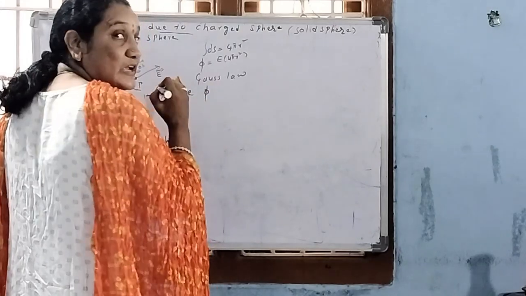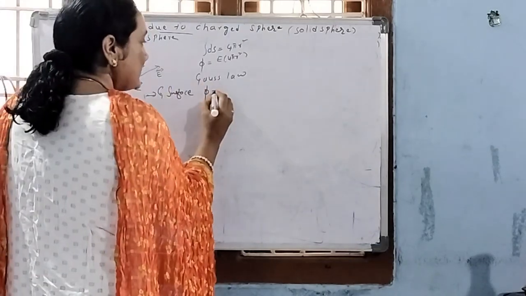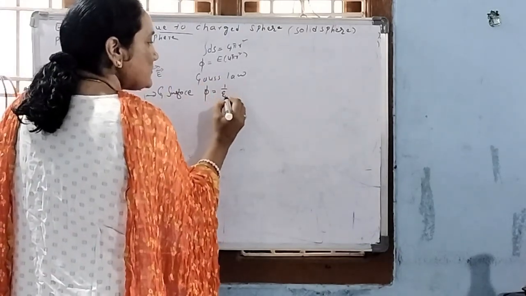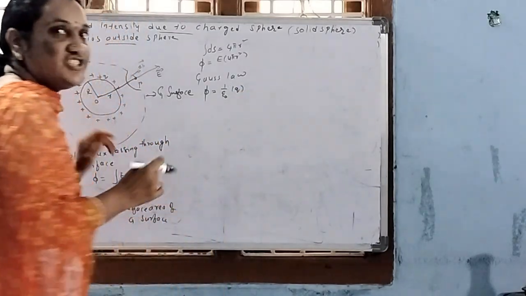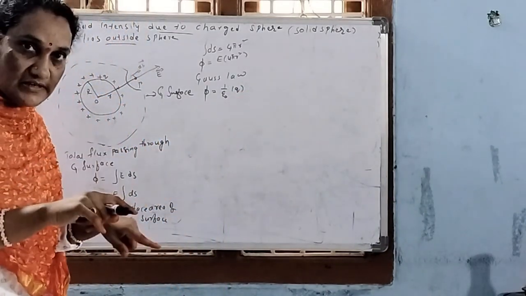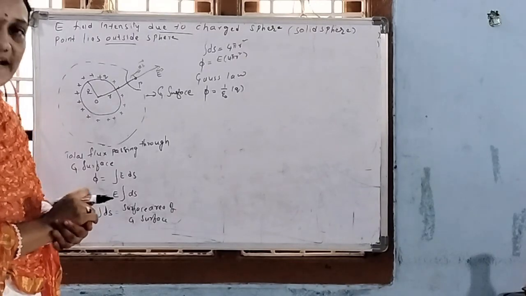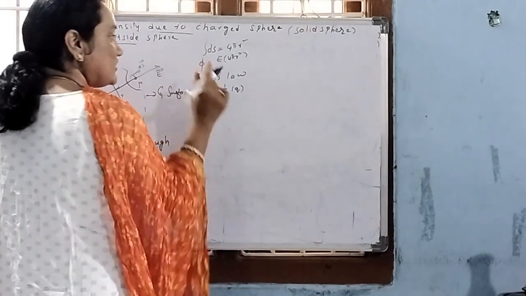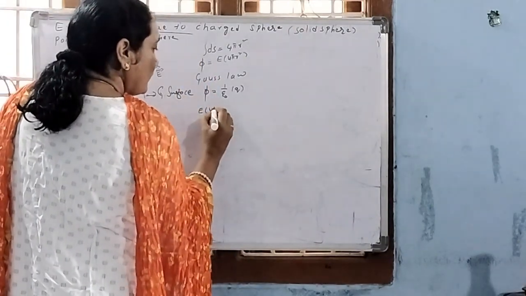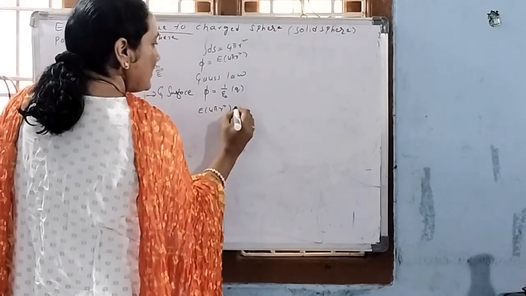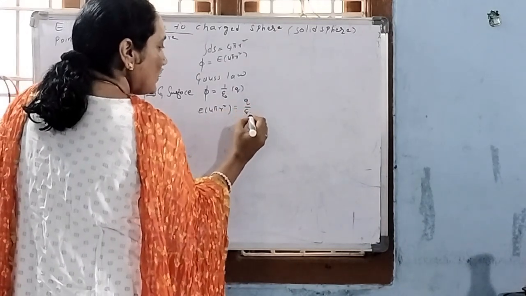The flux through any closed surface is equal to 1 by epsilon naught times the total charge enclosed within the closed surface, which is placed in an electric field. Right? So now substitute here. So E 4 pi r square will be equal to Q by epsilon naught.